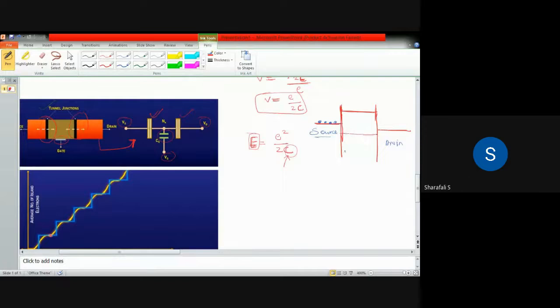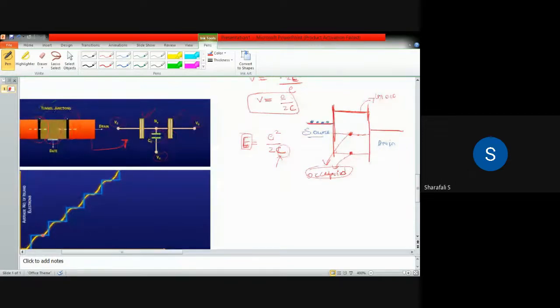These are electrons, so these are occupied energy levels. All these energy levels have electrons, but this energy level is free, or unoccupied. It is not filled. So this is occupied or filled, and this is unoccupied or unfilled.